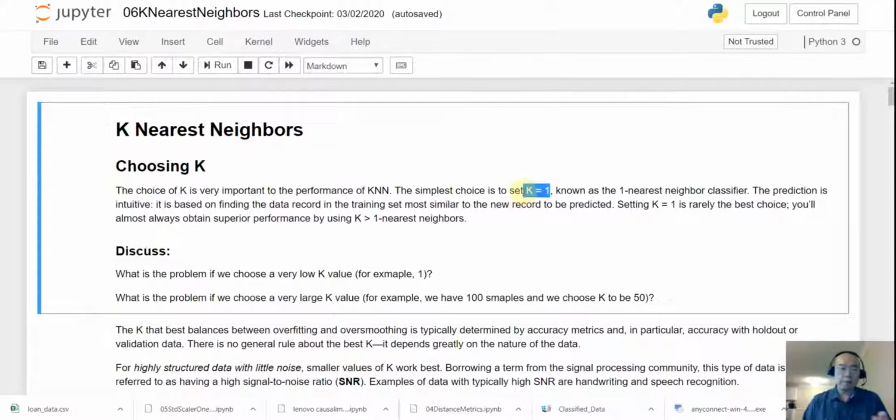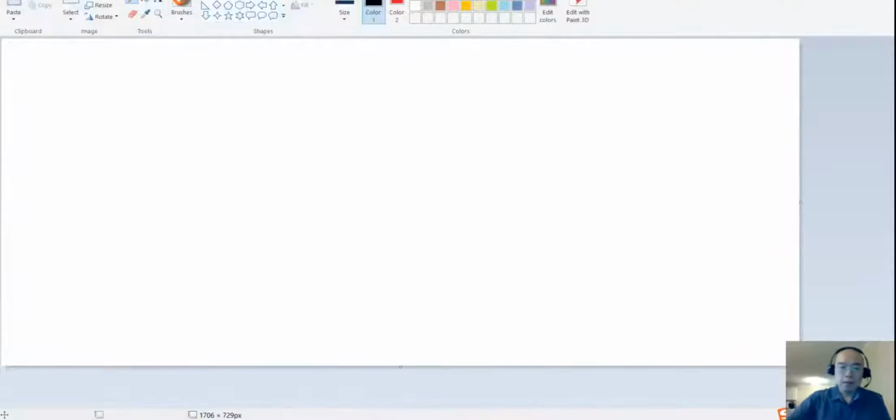So what do I mean here? Let me draw something. Say this canvas is the entire possible feature space and we are only dealing with the x and y coordinates. Let me draw a few black samples here, and let me also draw a few red samples.